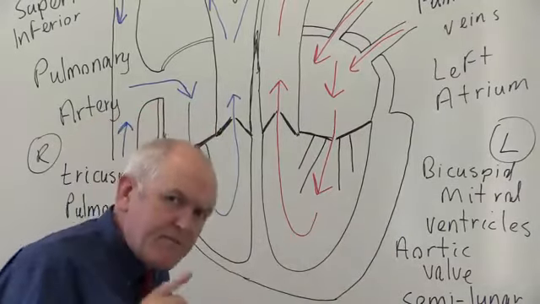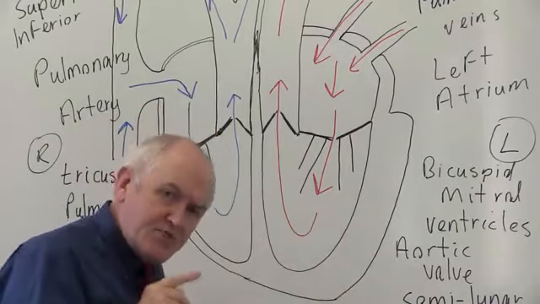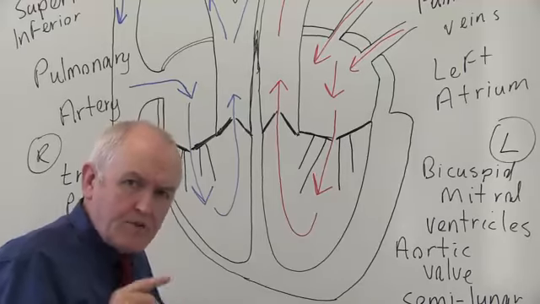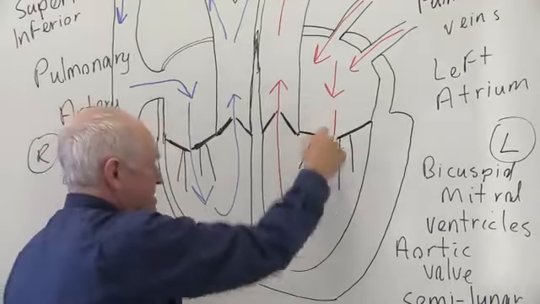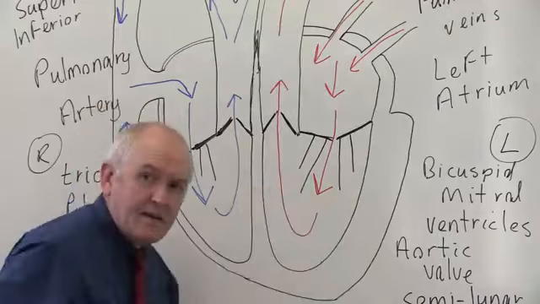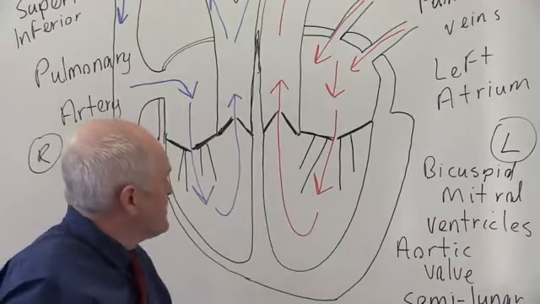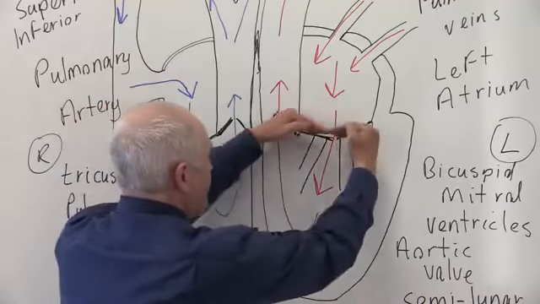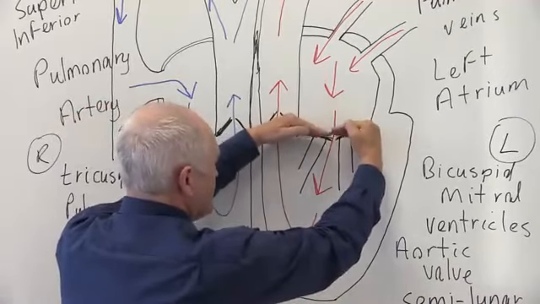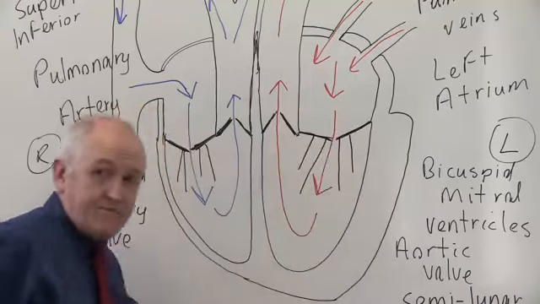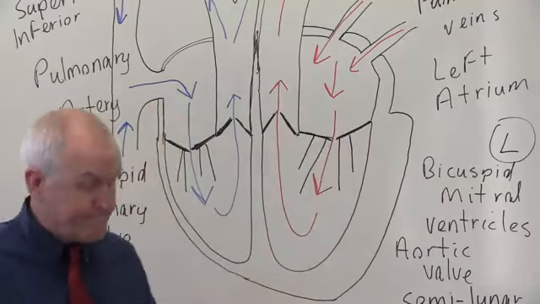Because the whole point of a valve is that it is a structure to ensure one-way flow. So we want this blood to go from the atria to the ventricle, but not back again. That would be regurgitation, which is a pathological situation. So we want them to be able to open that way, but then not go too far back. And to stop them going too far back, we have these tendinous cords.